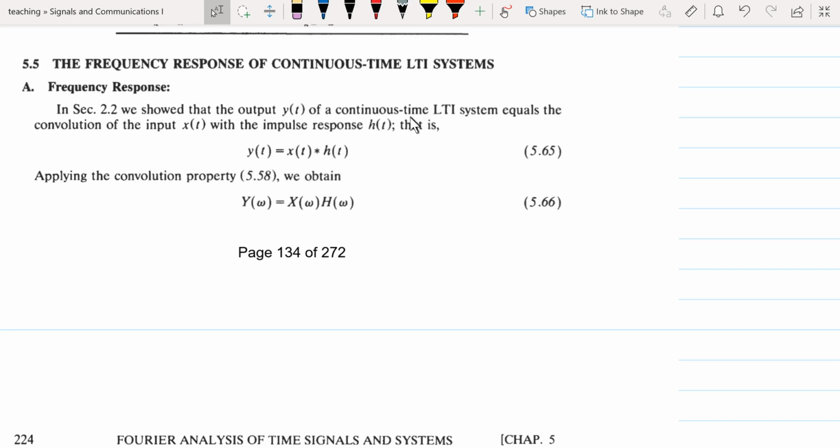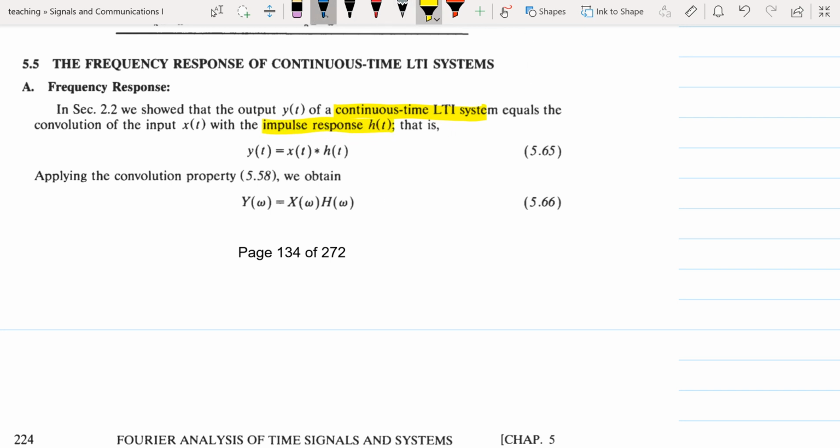The concept of frequency response is similar to another response that we met when dealing with continuous time LTI systems, the one that we refer to as the impulse response, h of t.